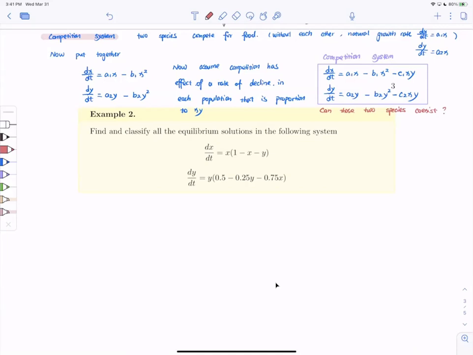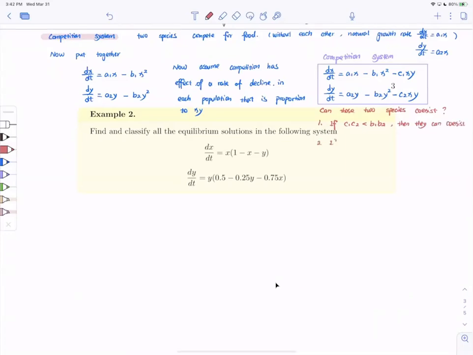So how do we know? We compute c1c2 and b1b2. If c1c2 is less than b1b2, then they can coexist.